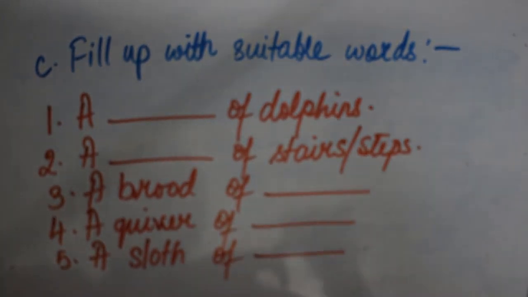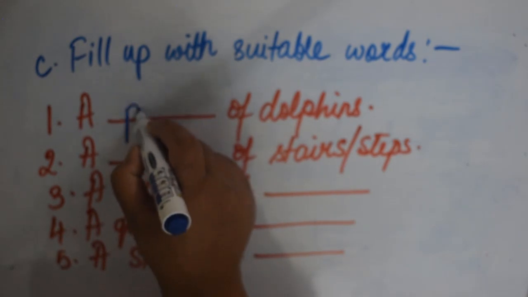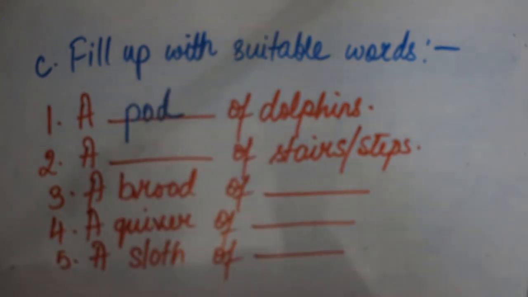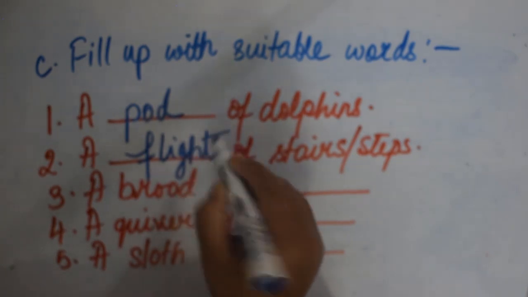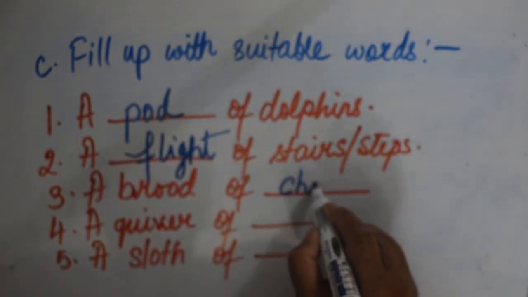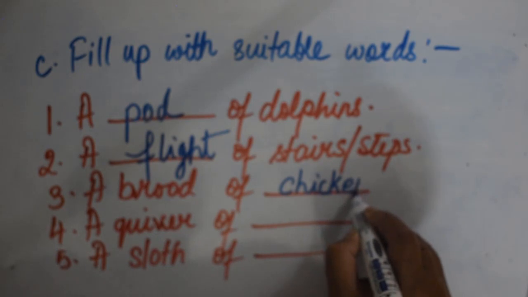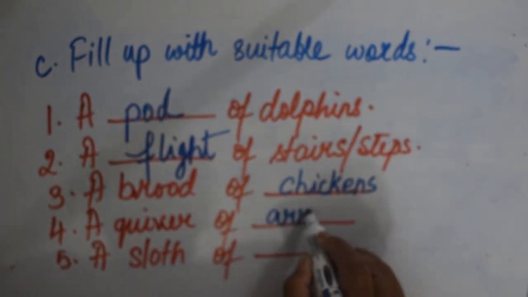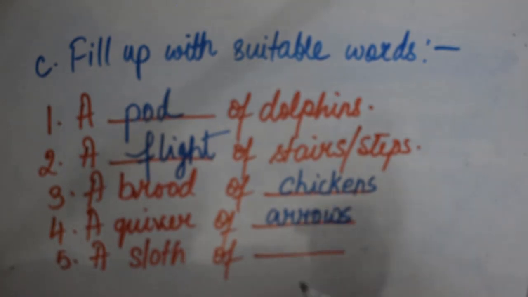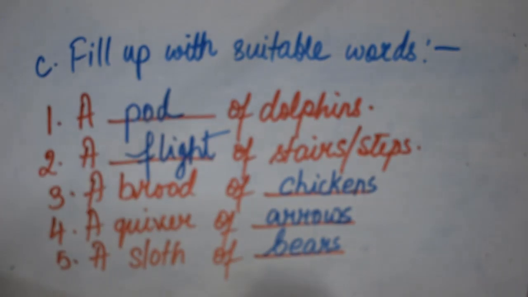So a group of dolphins is called a pod of dolphins. A flight of stairs or steps. A brood of chickens. Quiver of arrows. Sloth of bears. Okay, sloth of bears.